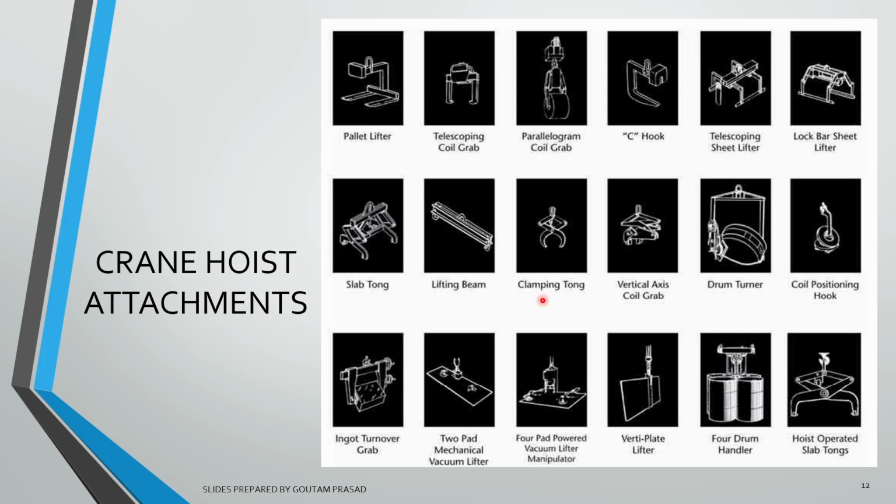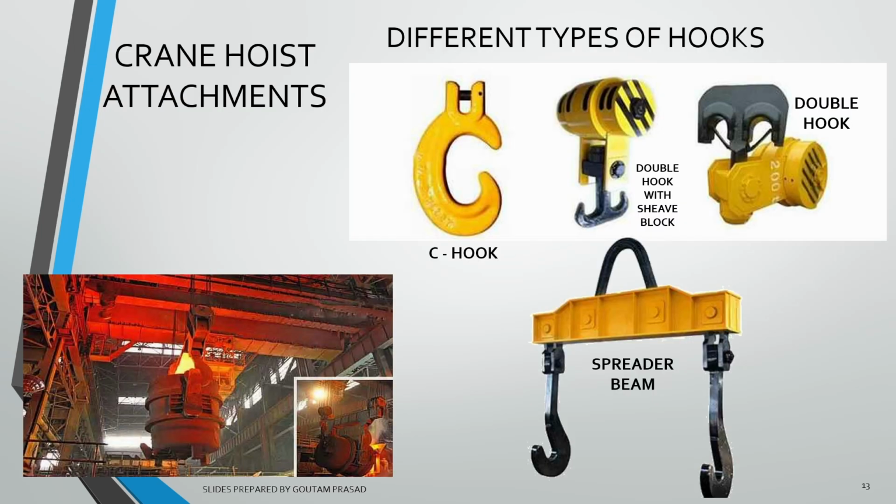Crane hoist attachments have been shown again here in this slide as well. So there is vertical lifting of the plate, horizontal lifting of the plate, and there are a number of types of attachment. Like here, drum turner is a kind of attachment; in the case of the ladle, this type of attachment is used. Let's proceed.